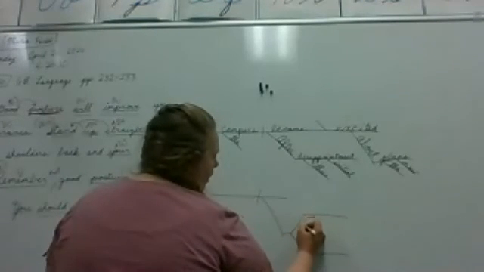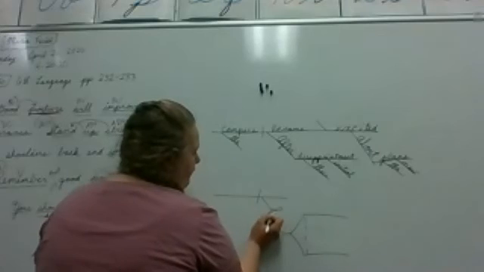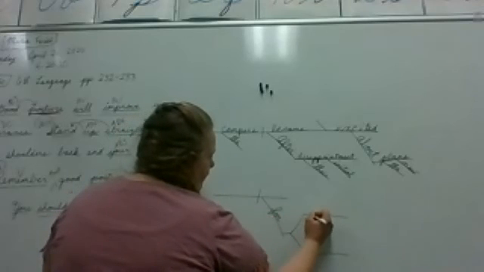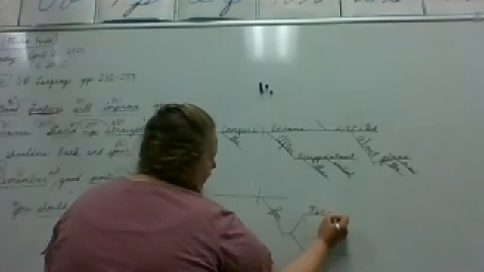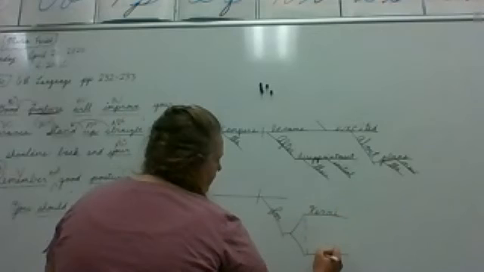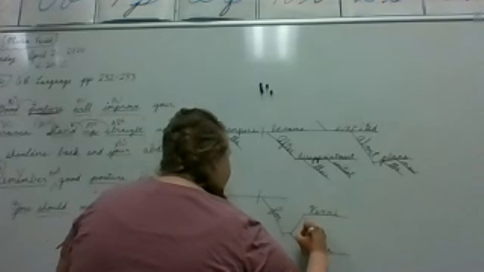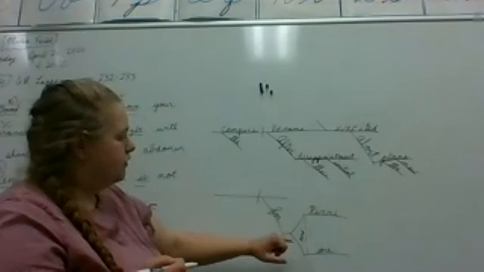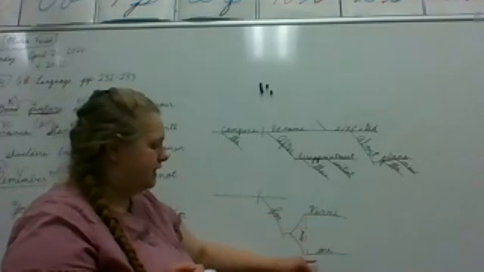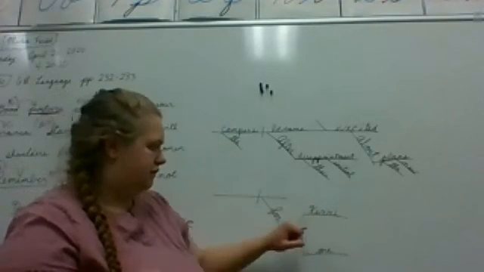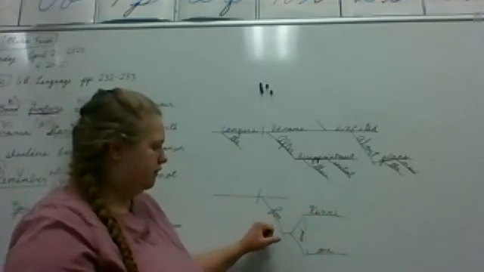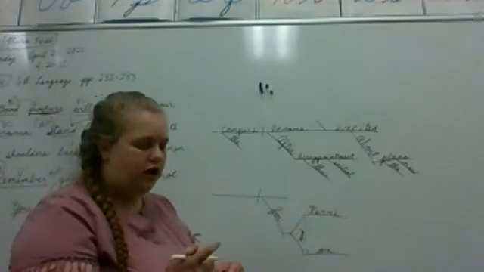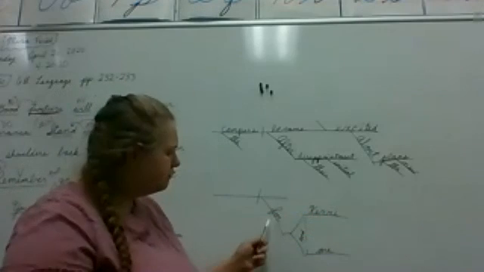And you will sometimes have a prepositional phrase with a compound object, right? So you could have for Carrie and me. Okay? So in that case, remember we do our rocket for our object of the preposition, okay?